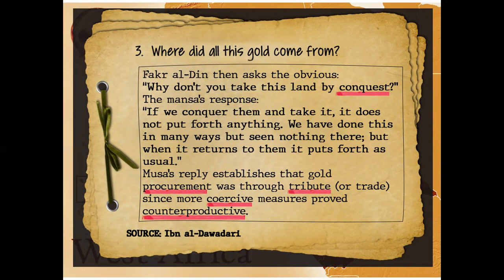If we try and take their land, when we go to the gold fields or we go to mine, we don't find any gold. In other words, he is really probably hinting here that the Christians of the Takrur know the special skills. They know where to look for the gold. They know how to mine for gold.